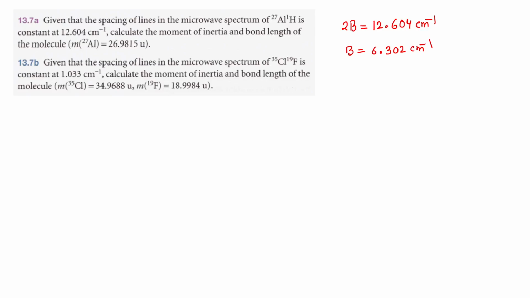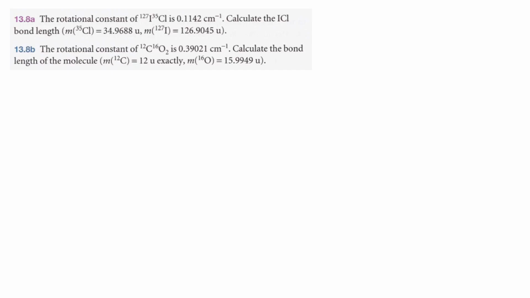So approximately a 10 times increase in the rotational constant, because the reduced mass is 10 times lighter for the aluminum hydride compared to the above molecule. Anyway, we have gathered some knowledge from this. We can go to the next question, I guess.